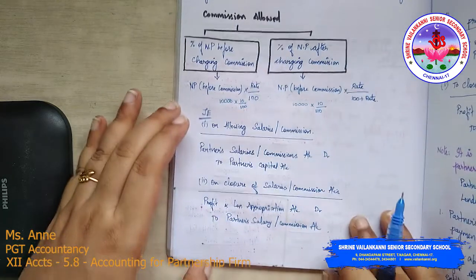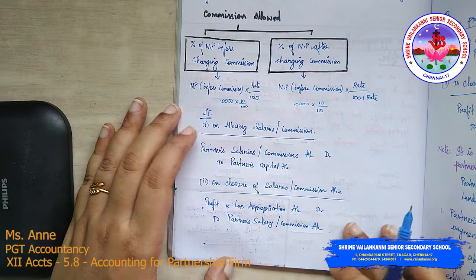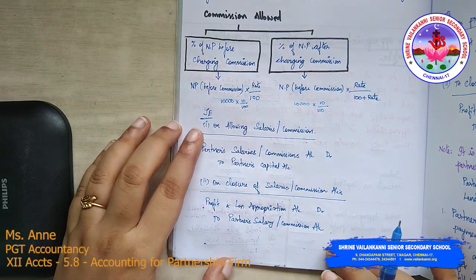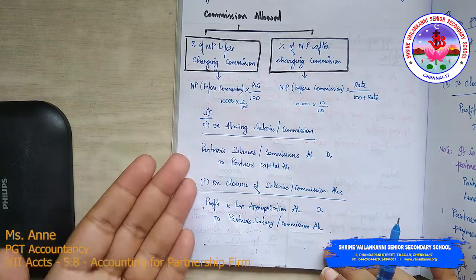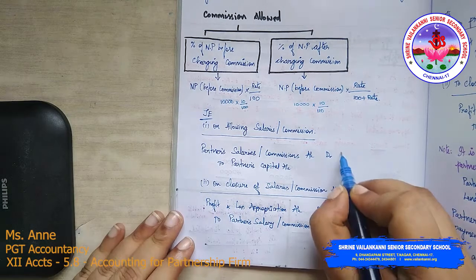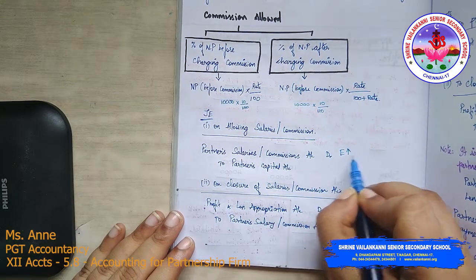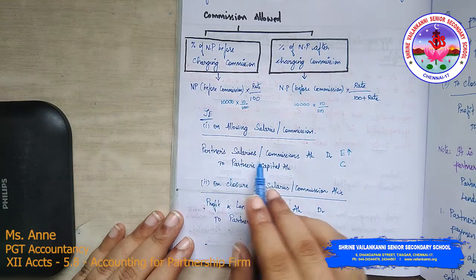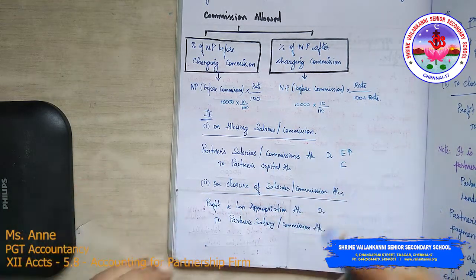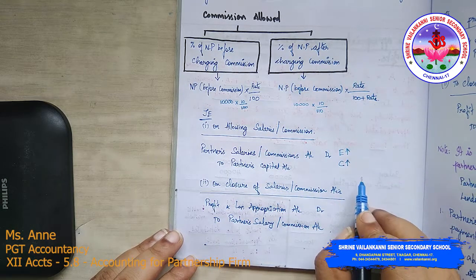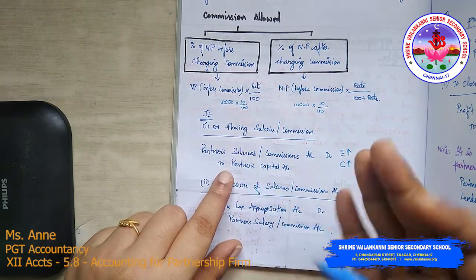So the journal entry for this will be: you have outstanding salary and commission. Salary and commission is an expense. So expenses increase, so you are debiting it. And partners' capital: salary, commission and all will boost up the capital. So capital also increases, so you are crediting it.